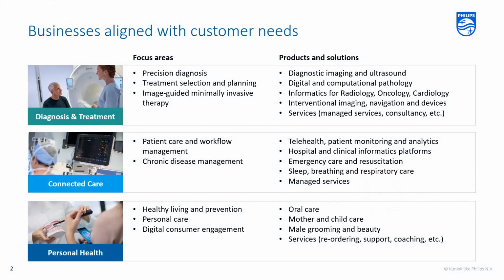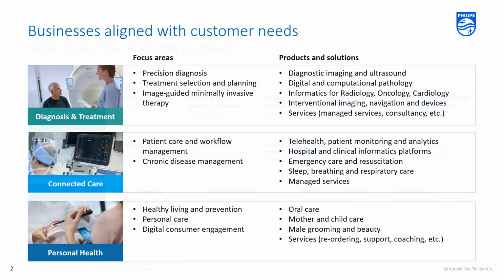At Philips, we are working on different areas, and we are all in healthcare. We have three main categories of products: diagnosis and treatment, which is mostly imaging systems. Then we have connected care, which is most relevant for this, where we have patient monitoring, home monitoring, and services like that. And then finally, personal health and personal care applications, which are a little bit less relevant in this context.